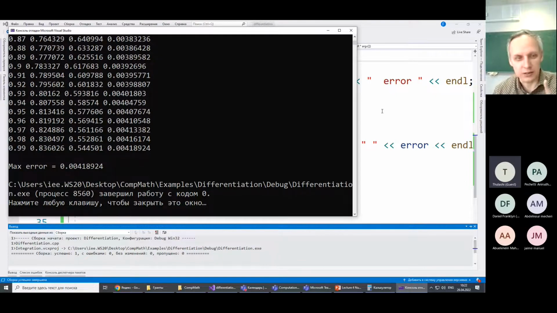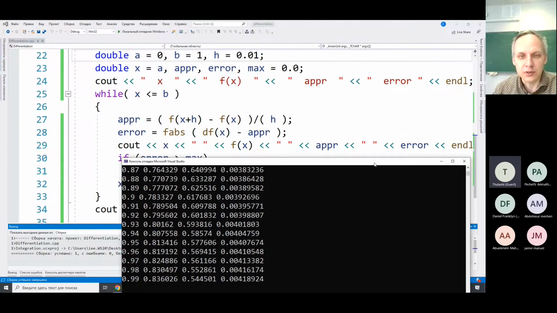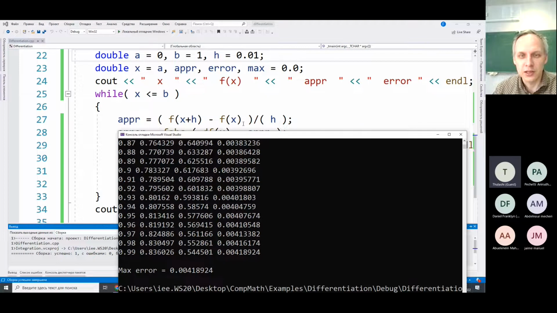And again, I think this example shows you all the features. Please remember this value, 0.004. This is the error that we get with the 2-point formula with the step 0.01.